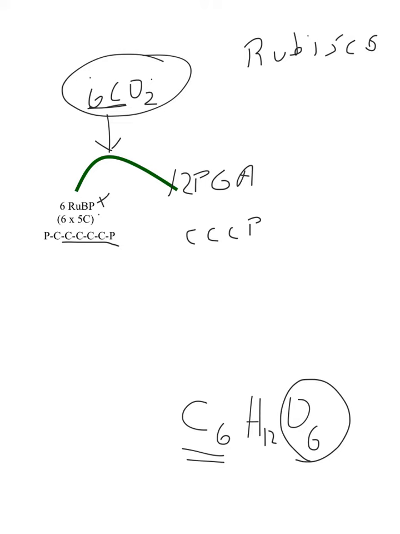Well, here's the cool thing. Remember those 12 extra hydrogens that we had at the end of the light-dependent reactions? Well, here's their job. You've got 12 hydrogens. You've got 6 extra oxygens. Hey, isn't that enough to make 6 waters?